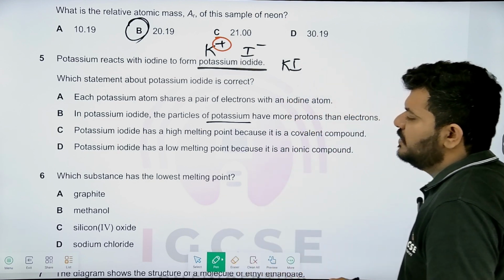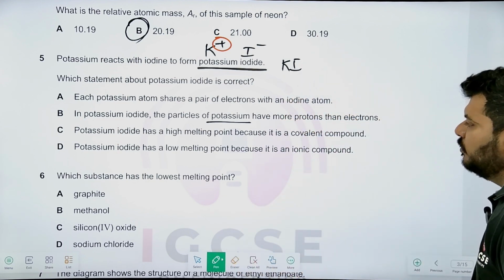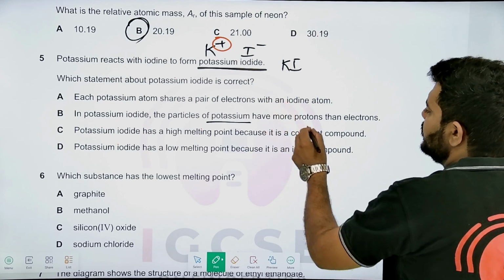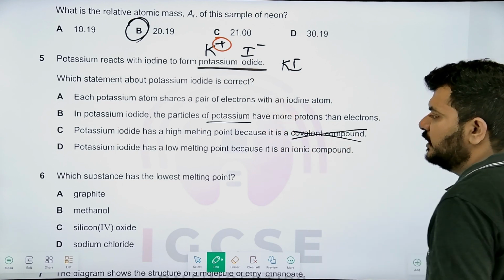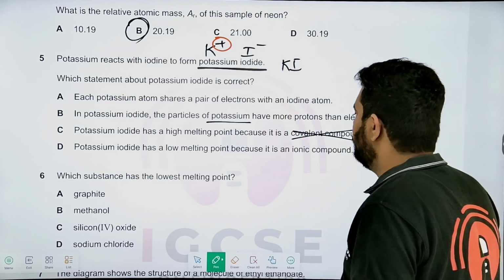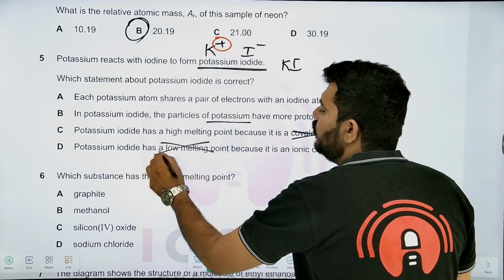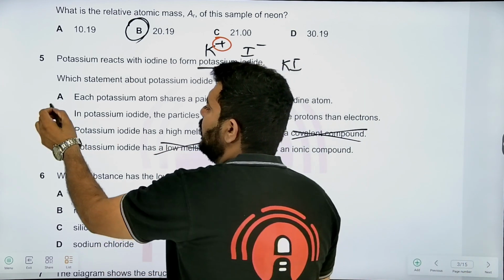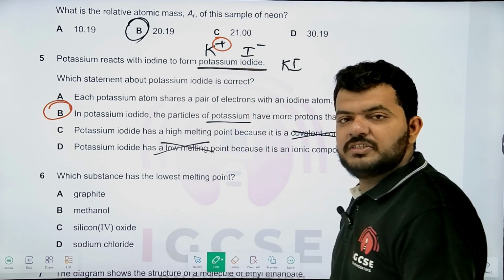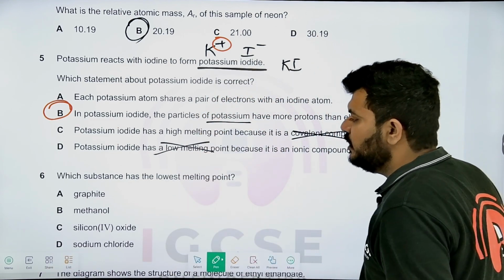Potassium iodide has a high melting point because it is a covalent compound? No, we just discussed it is an ionic compound. Potassium iodide has a low melting point? It does not have a low melting point, right? So in fact, B is the correct answer, but it doesn't hurt to go through the other options.